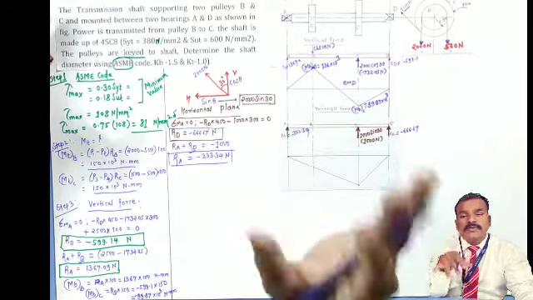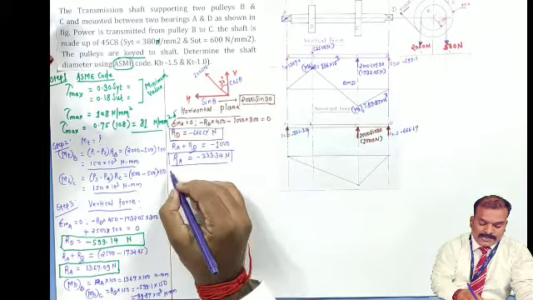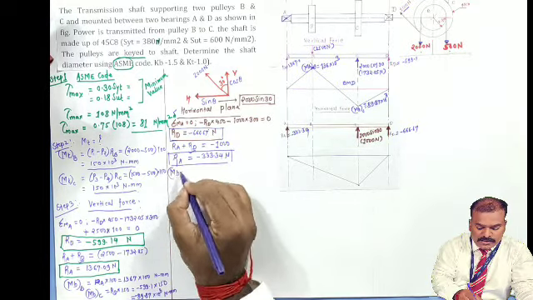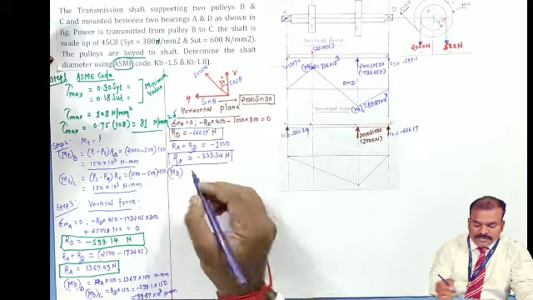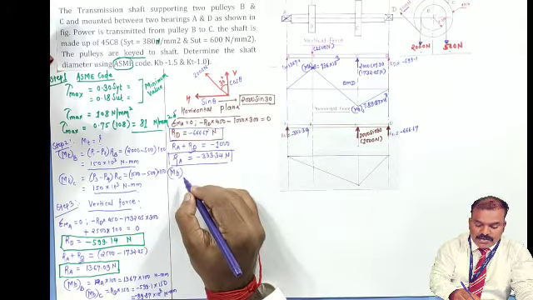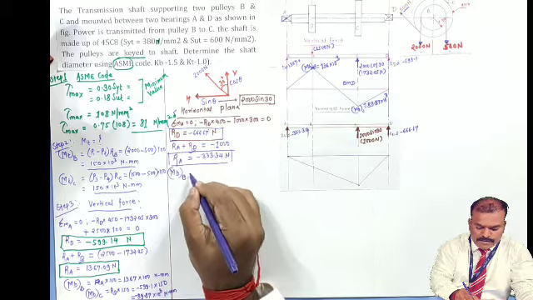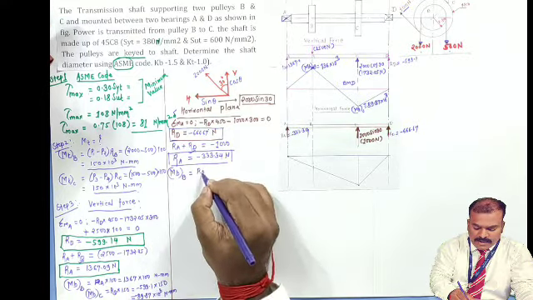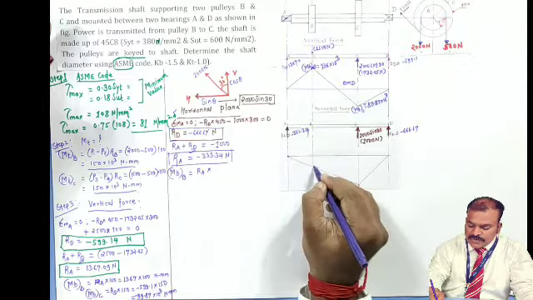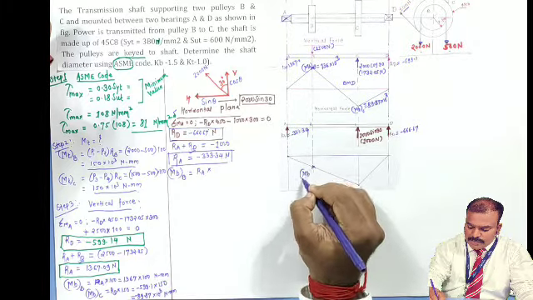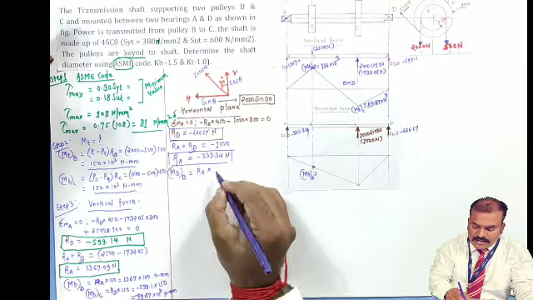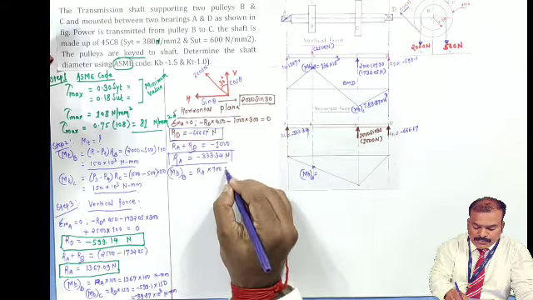Now we have to find out the bending moment. So I'll calculate one by one. We can calculate at point B or pulley B. So bending moment at point B, that is RA into the distance, B is situated over here, MB, which is equal to RA into 100, so how much?